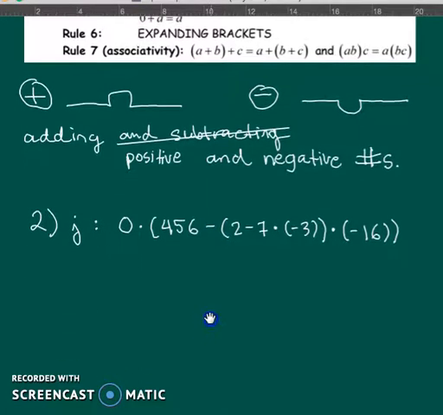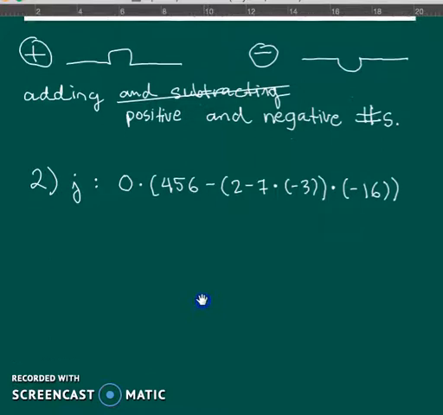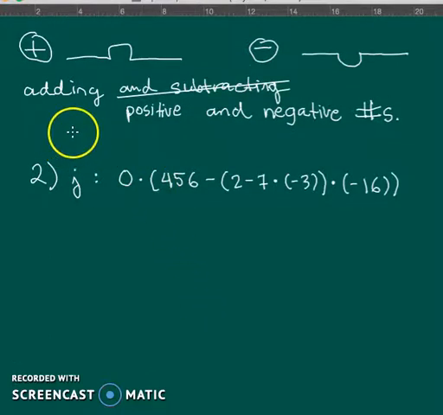And also I want to add that another thing that we learned is that instead of considering this sign to mean minus, we're going to think of it in terms of meaning the opposite of the number that it is in front of.